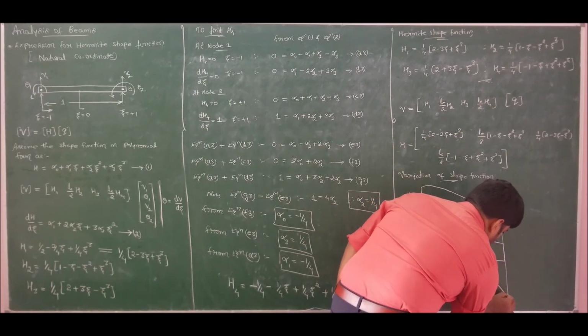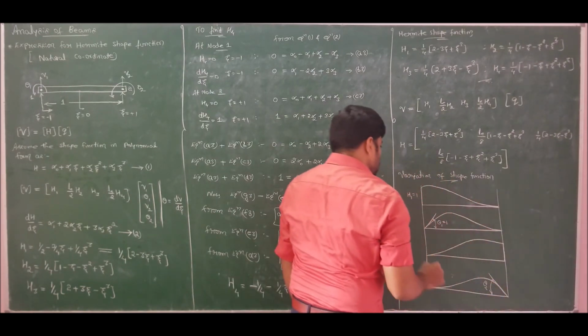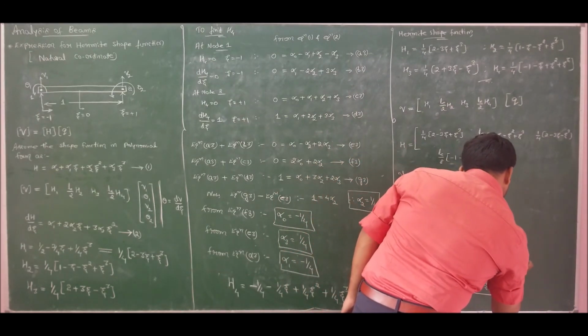So if I draw tangent, we have theta 2 value here, which is unity.